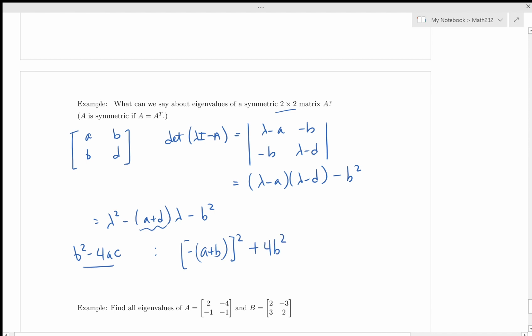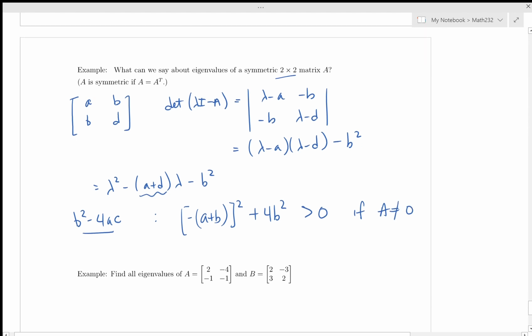And what you can see right away is that this is always greater than 0 if the matrix itself is not 0. That means that symmetric matrices always have real eigenvalues.